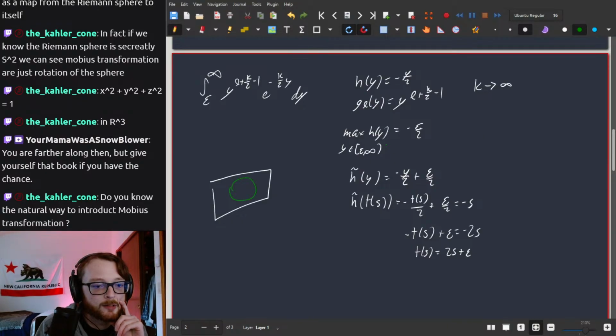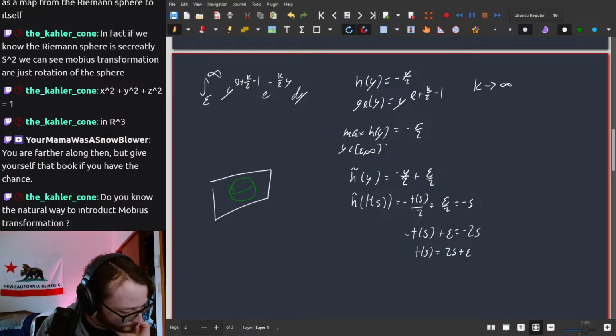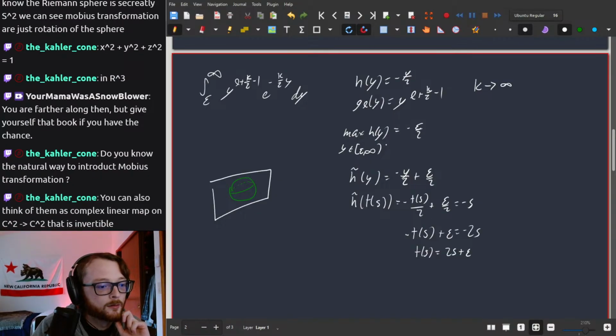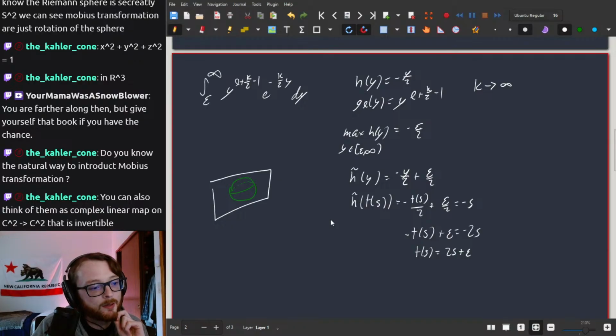Is there a different way of introducing it? I was thinking it was a complex linear map on C2 to C2 that is invertible, right?